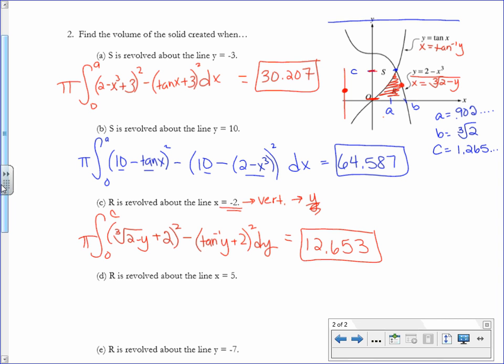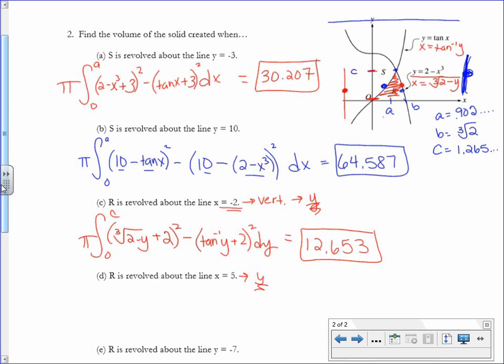R is revolved around x equals 5. Again, this is vertical, so I want to be in terms of y. So if I spin around x equals 5, now it is on the right. It's over here. So my outer radius goes from 5 to the tangent curve, and then from 5 to the cube root function there.